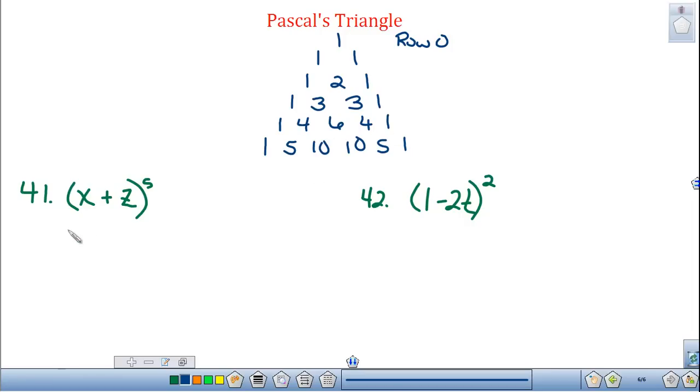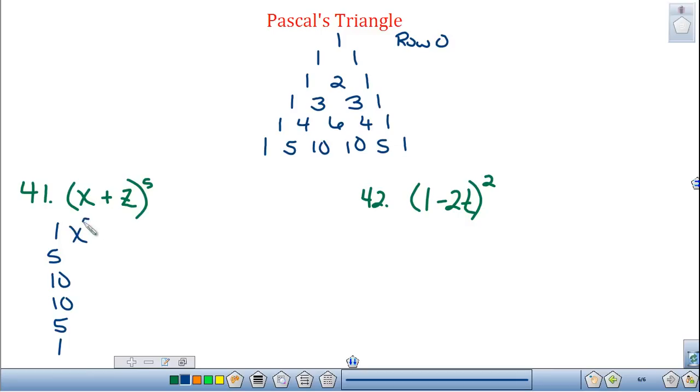So we're going to start simply by taking these numbers and writing them out vertically next to the problem. So I'm going to have 1, 5, 10, 10, 5, 1. I'm going to start with the first term in this binomial, and I'm going to start with a countdown.